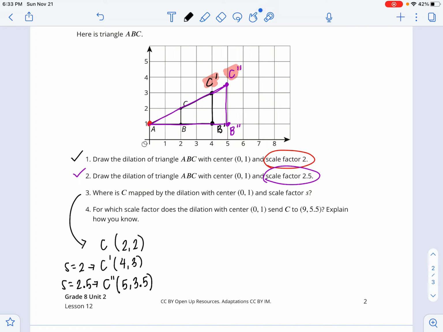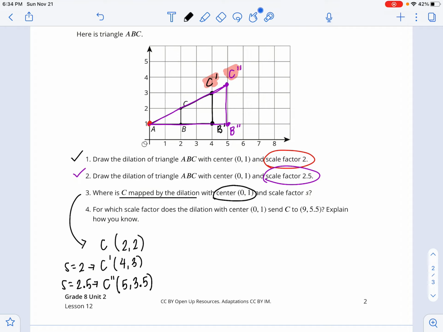In particular, it's obvious that the scale factor is changing the x-coordinate by 2. So, for example, when our scale factor is 2, our x-coordinate is 2 times 2, which is 4. When our scale factor is 2.5, we know that our x-coordinate is 5, which is 2 times 2.5. And so we can see the pattern of how C is mapped by that dilation with a center of (0, 1).